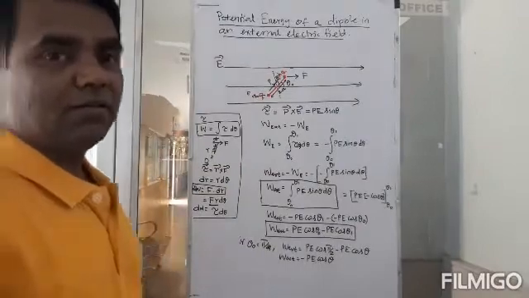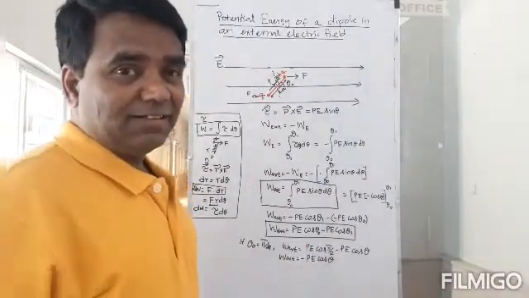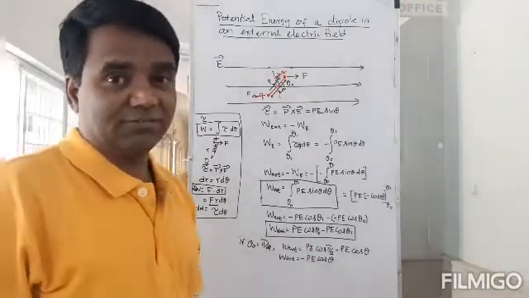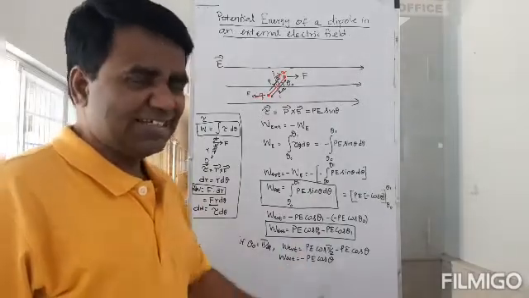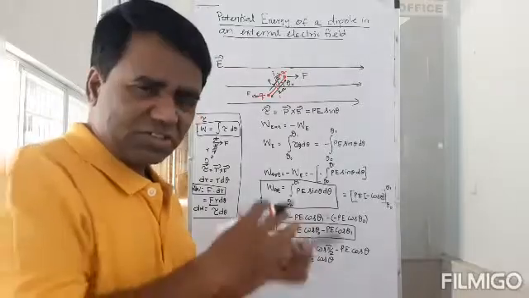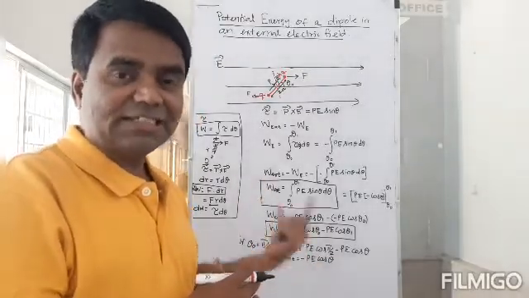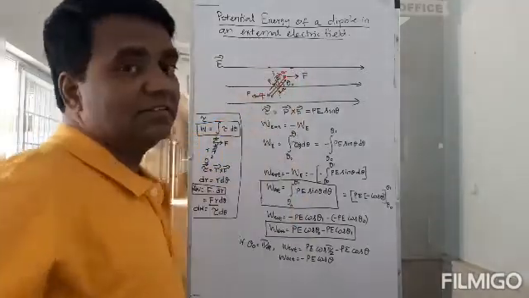Well, you see, it has the hallmarks of a dot product, right? P E cos theta. P is a vector, E is a vector, and there is an angle between them, and you are getting cos theta there. So I can write this as a dot product of two vectors, the E vector and then the P vector.